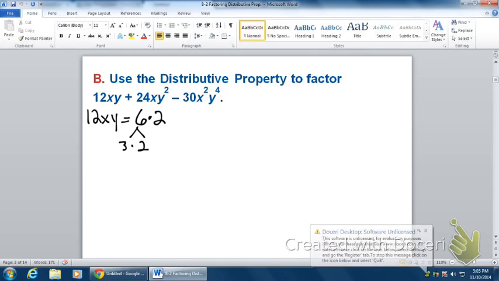I'm going to erase that so I can just write it neatly. So we just found out that we can go 3 times 2 times 2. To check your answer, multiply 3 times 2, you get 6. Multiply it times 2 again, you get 12. Let's factor out our x and our y. Now let's move on to our second term.